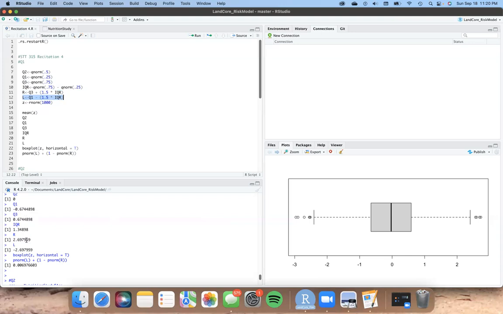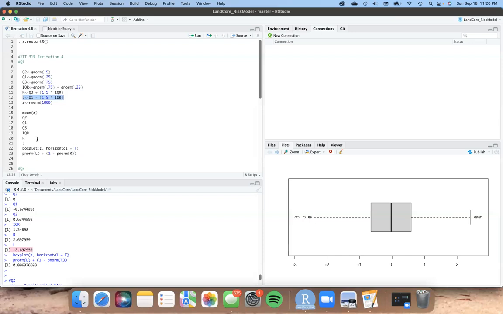And that gives us negative 2.697959. Notice too that the magnitude of the left whisker versus the right whisker is the same length, but one is negative and one is positive because we're centered around 0.